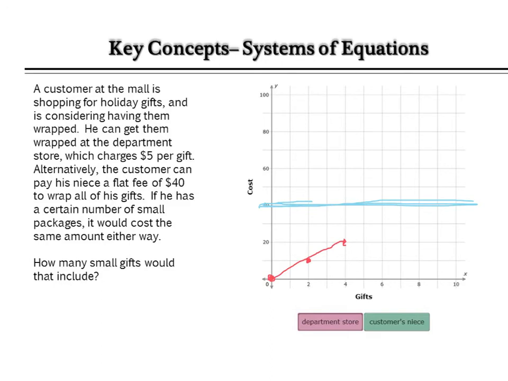So 6 is $30, and 8 is $40. So there is our point of intersection. So at 8 gifts, for any more presents than 8, he should go with his niece.